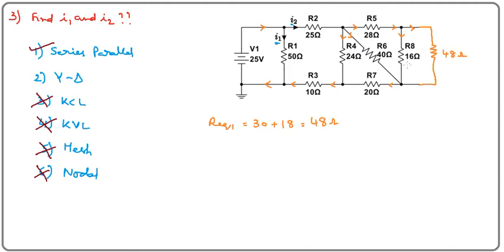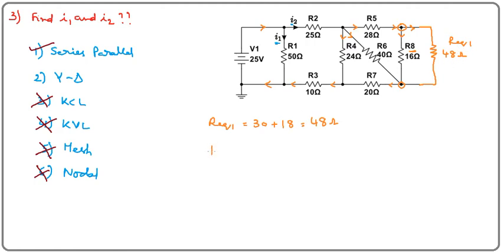Now we can say that the resistance R8 and R equivalent 1 are in parallel, because here the current is dividing and here it is adding. At this point it is dividing and at this point it is adding. So R8 and R equivalent 1 are in parallel.